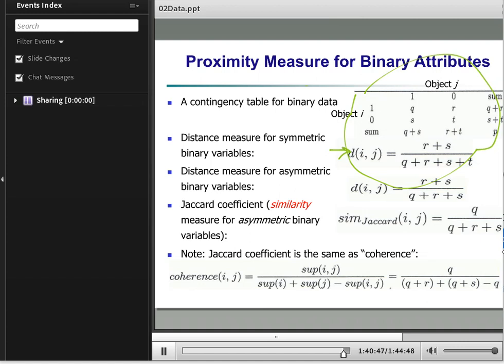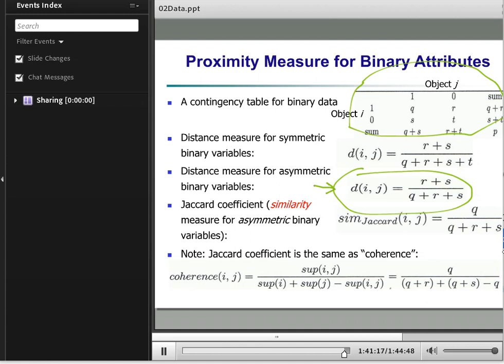No, not this one, excuse me. Use this table here, and this one, because my attribute is asymmetric. So use this equation for this similarity.